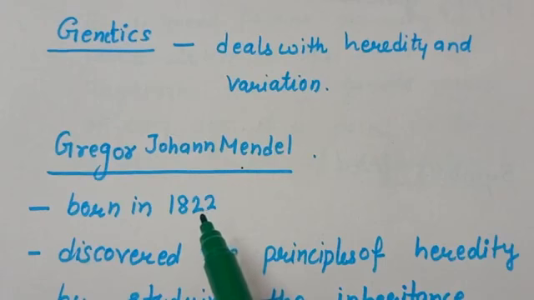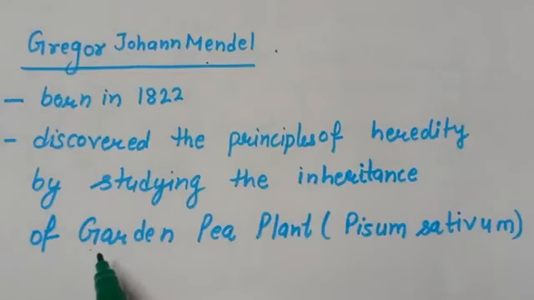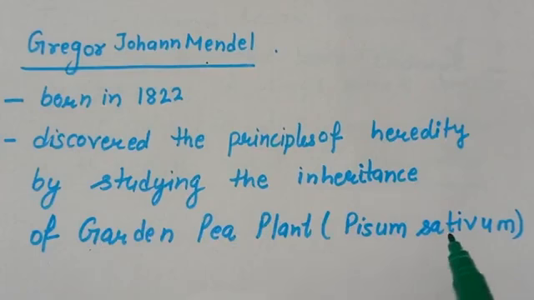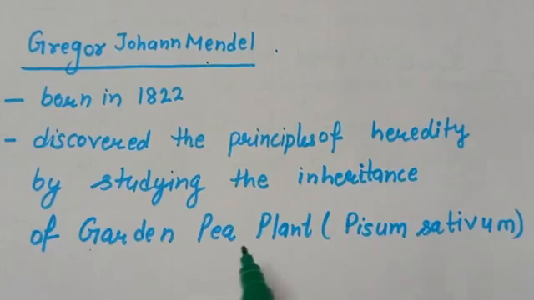He discovered the principle of heredity by studying the inheritance of the garden pea plant, which is called Pisum sativum. He opted for this plant because it has many visible contrasting characteristics, and that is why he chose the garden pea plant.